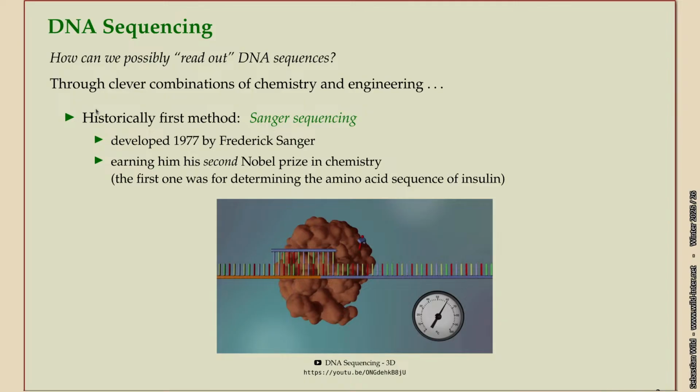The benefit seems to be that you can sequence relatively long reads. Maybe 1,000 bases is still okay. The downside seems to be cost, and potentially also sometimes you get errors that the readout is not perfect. Well, perfect will never work.